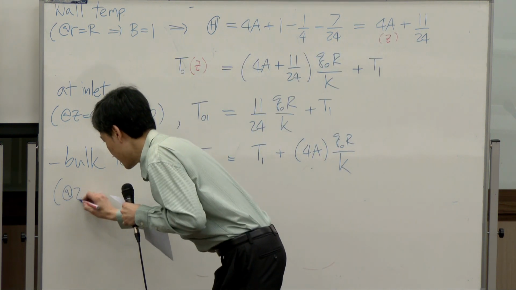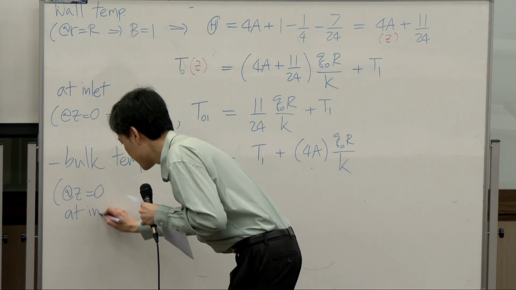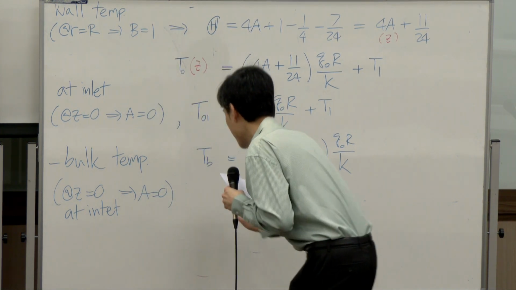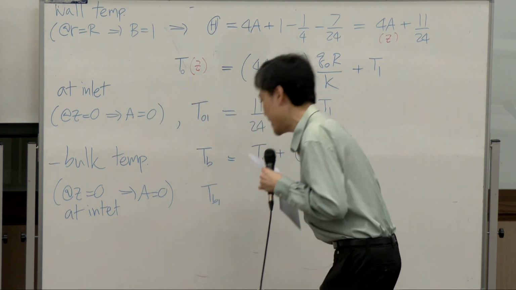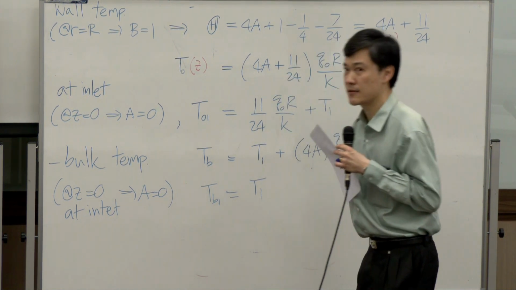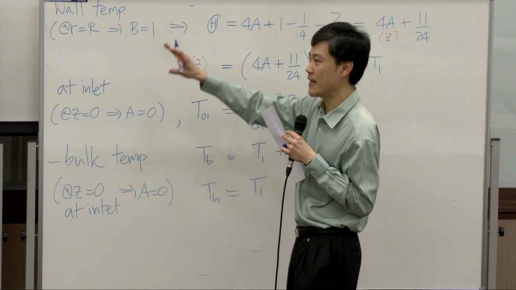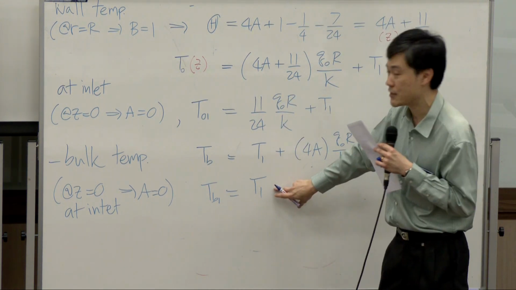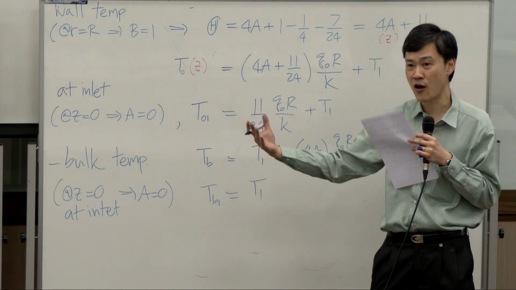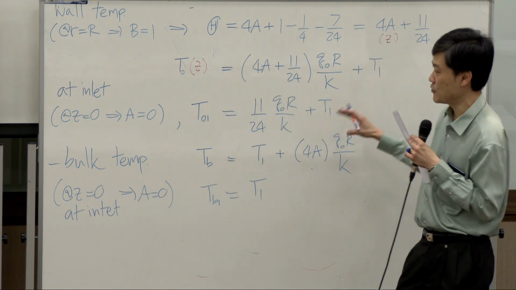So at the inlet, or at Z equal to 0, A is 0. I will get T bulk at the inlet to be T1. According to our system specification, the inlet flow has a temperature of T1, so this one is T1. That means even though my temperature profile was obtained when Z is very long, it still gives you the correct answer at short distance. So it's not quite good.